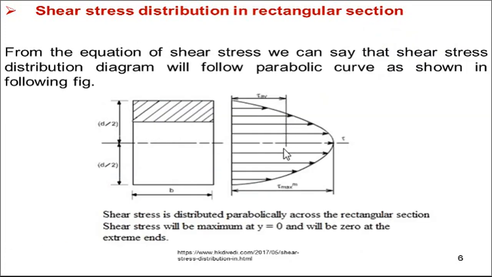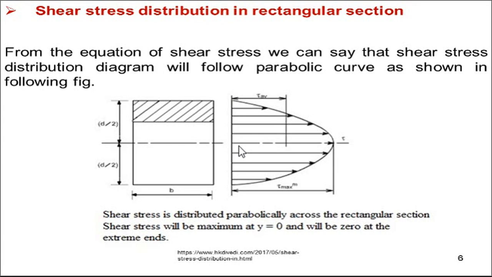And tau average at any particular point. So shear stress is distributed parabolically across the rectangular section, and the shear stress will be maximum at y equal to 0 and will be 0 at the extreme ends. From the figure you can see that the shear stress is 0 at the extreme ends, at the top and at the bottom, and at y equal to 0 the shear stress is maximum.